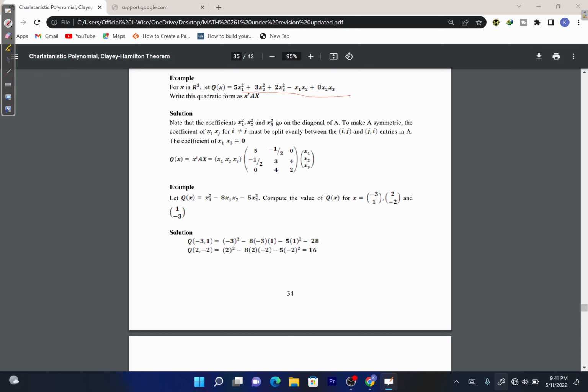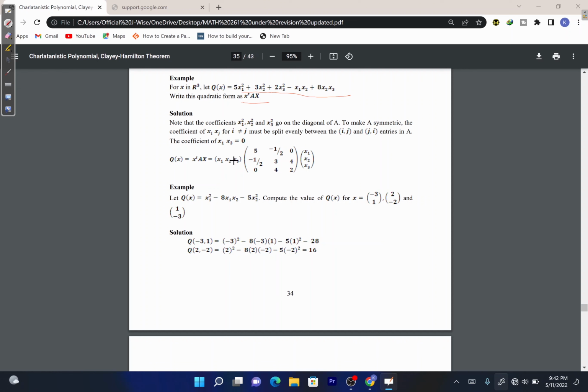Now to write this quadratic form as x transpose Ax, first you choose the vector x such that its dimension is 3. So we let x1, x2, x3 be the elements of vector x.